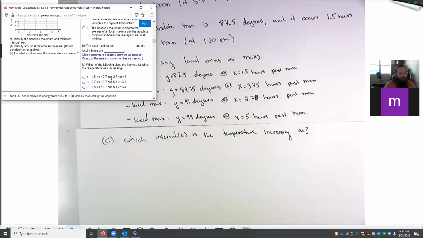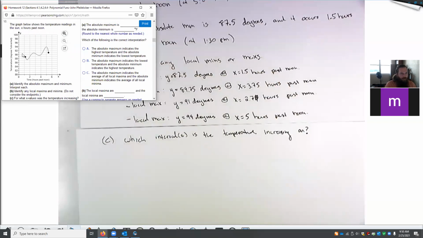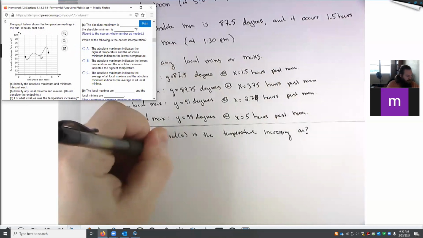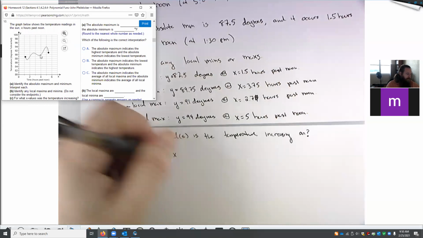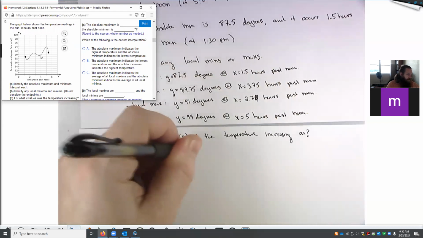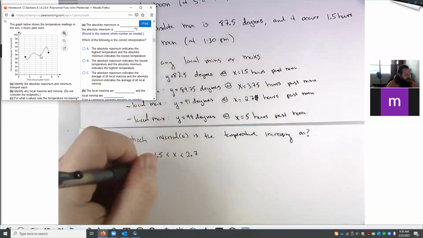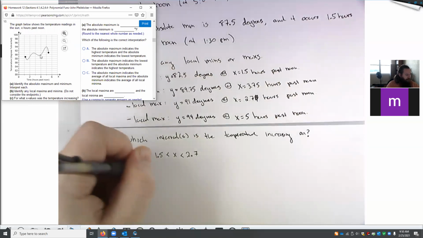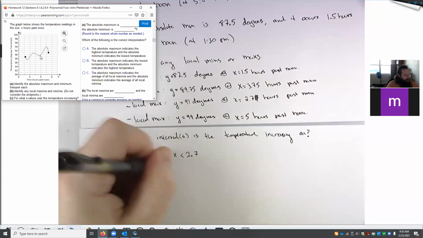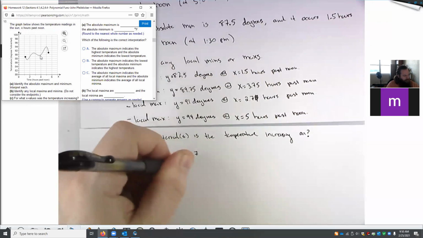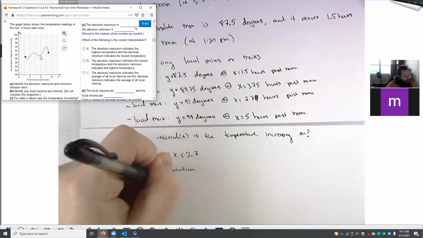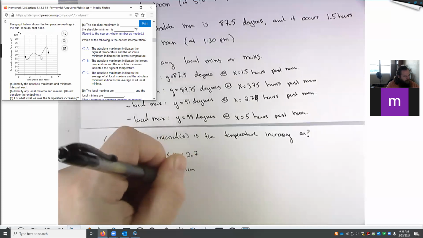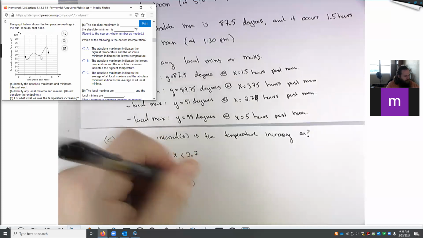Certainly from 1.5 up to 2.7. And then what's this other one here? Or if you wanted to describe this in interval notation, this would be the open interval from 1.5 up to 2.7.